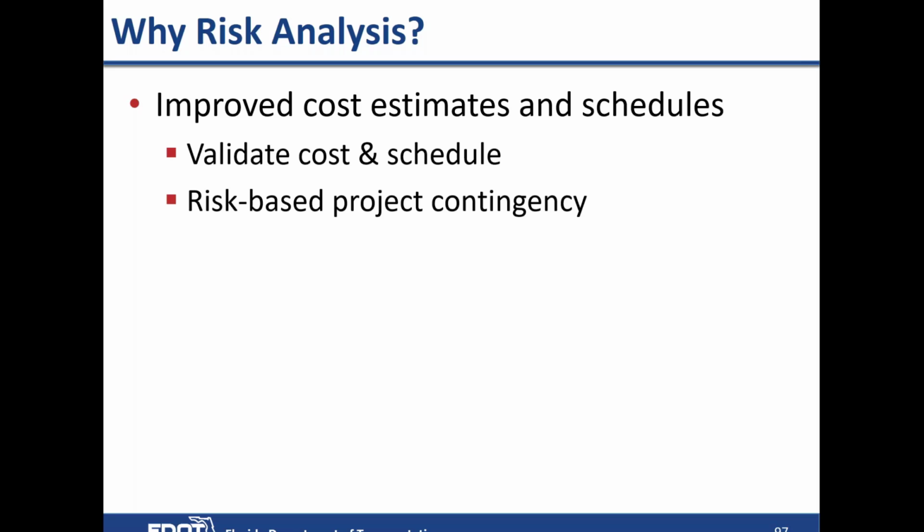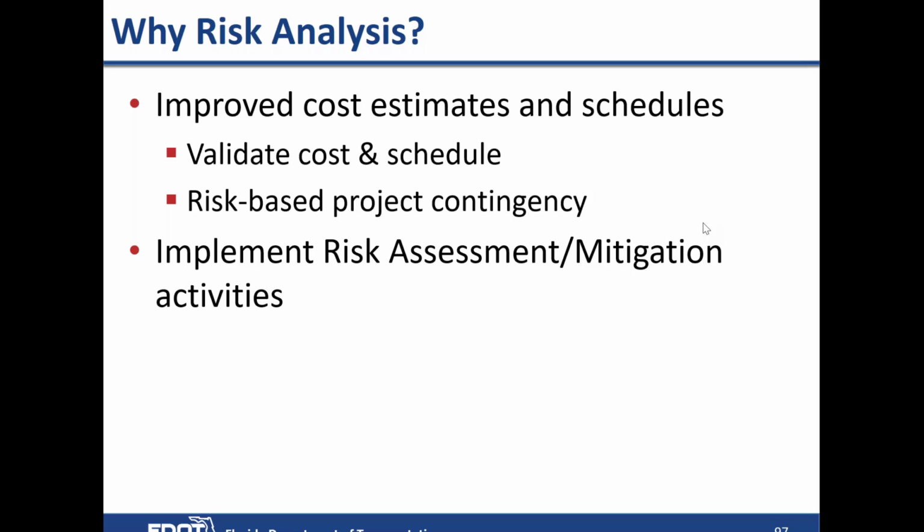And then you can also develop a risk-based contingency. Instead of your traditional contingency of maybe 15%, 20%, whatever that number is, you actually build your contingency up through risk, so you're basing it on what you feel are high risk areas.